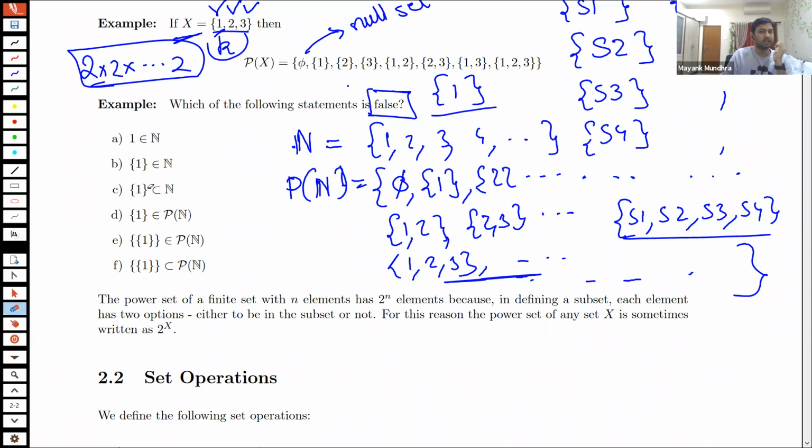So epsilon and belongs to are different things. So tell me which of these statements is false. Everybody just type your answers, that would be easier for me to remember. I can just go through the answers. So once you've gone through this, just type your answers so that I can compare.